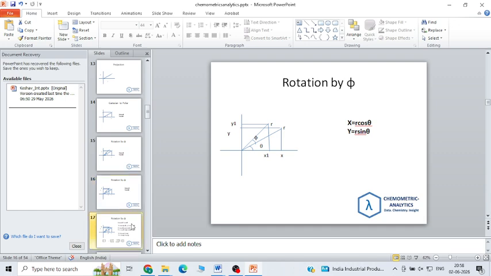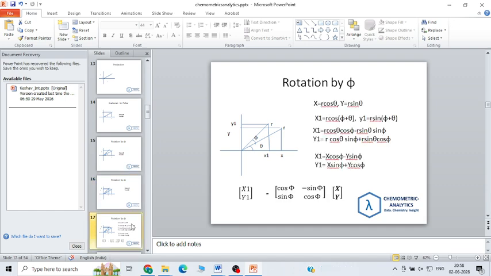It's very straightforward. Our new x will be some fraction of x. So this x1 is r cos, and the angle, instead of theta, becomes theta plus phi, so I write it down there. Likewise for y1 we have this relation, so instead of theta we now have sine of theta plus phi.